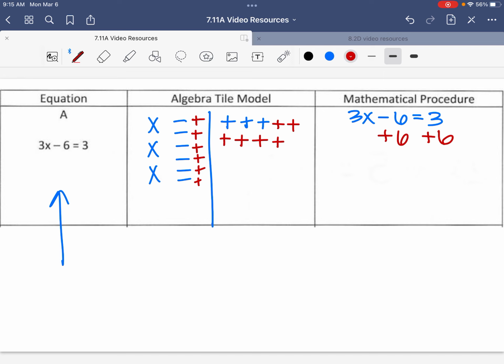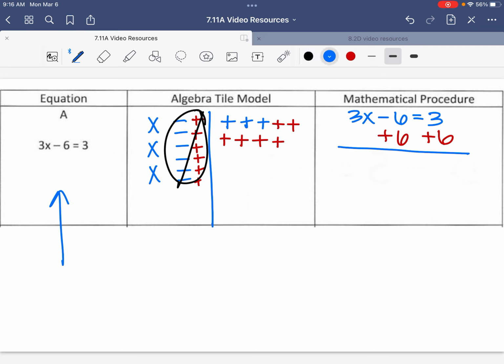And when I go to simplify that, all of my negative 6s and my positive 6s on the left create a big zero pair. So I am left with just 3x.